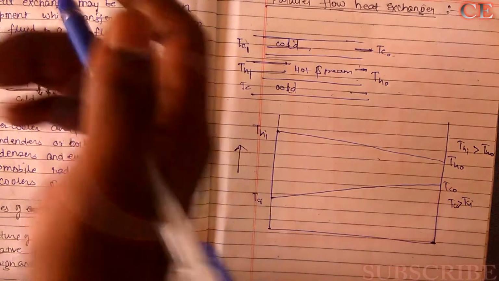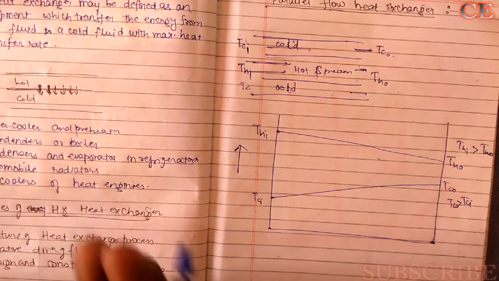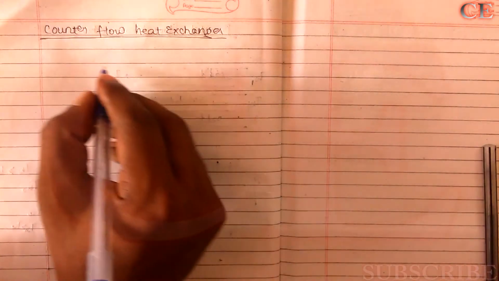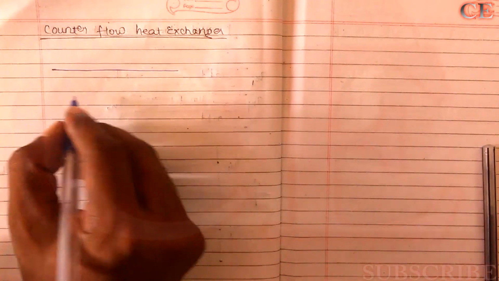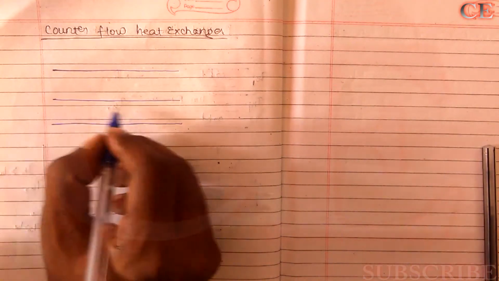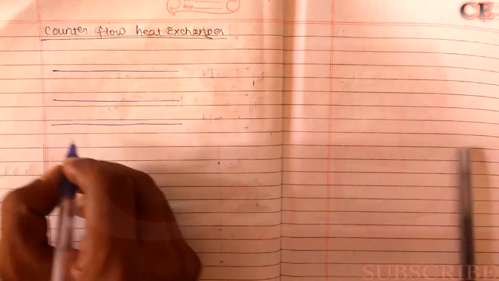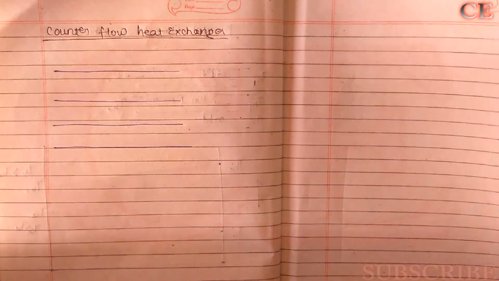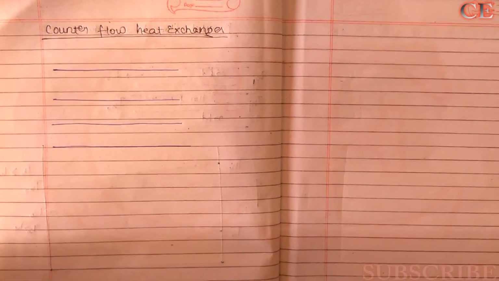After understanding both the counterflow and the parallel flow heat exchanger, we'll discuss their advantages and disadvantages. Okay, stay tuned. So in a counterflow heat exchanger, what happens? Suppose this one is the water pipe. Now hot fluid is running in this and cold fluid is running in this. Now hot fluid is surrounded by two cold streams. So the streams flow in opposite directions.